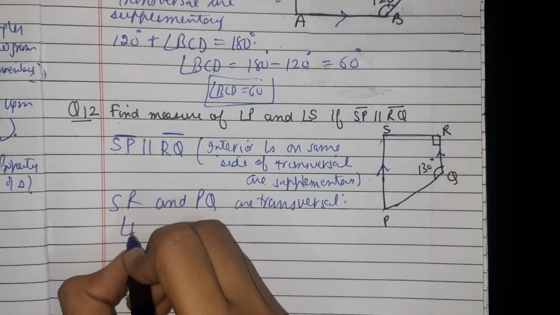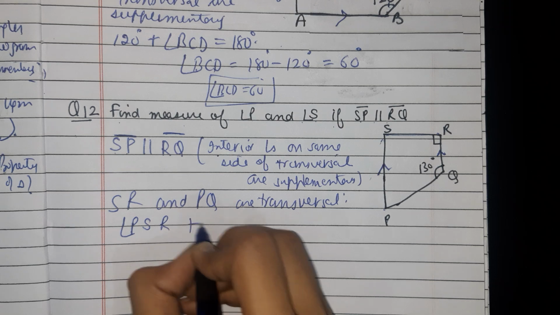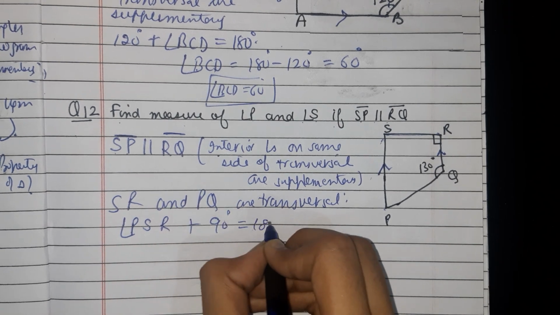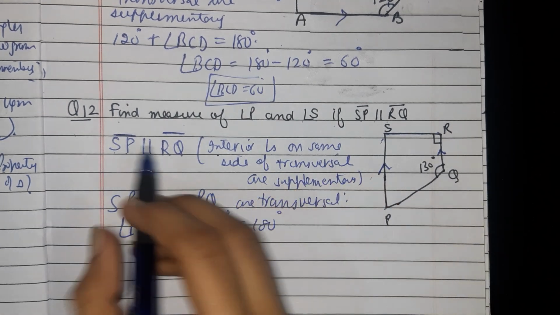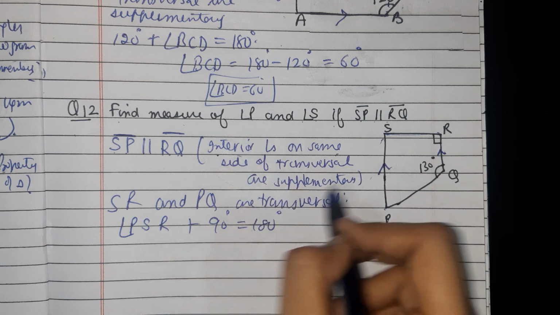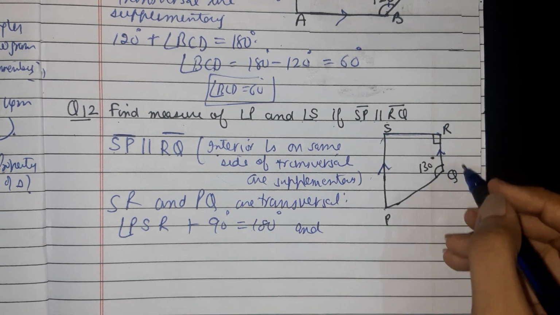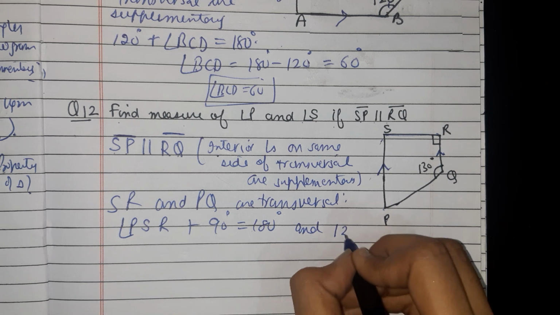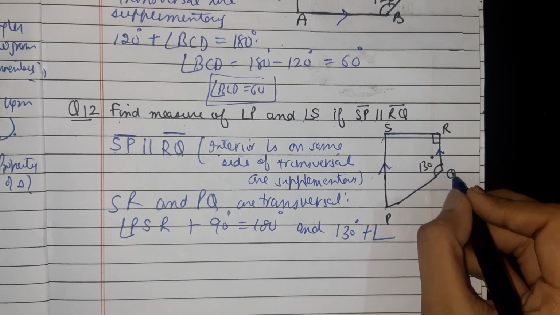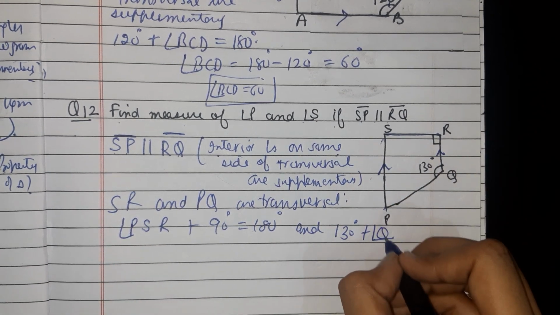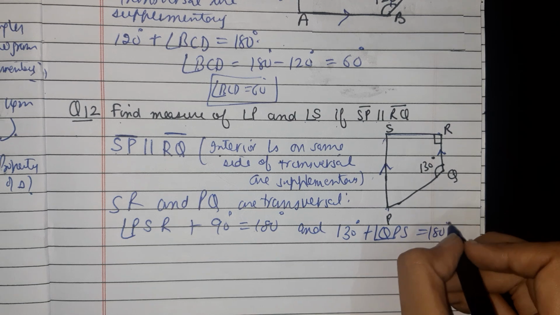So angle PSR plus 90 degree is equal to 180 degree. Because of this, SP parallel to RQ, interior angles on the same side of the transversal are supplementary. And 130 degree plus angle QPS is equal to 180 degree.